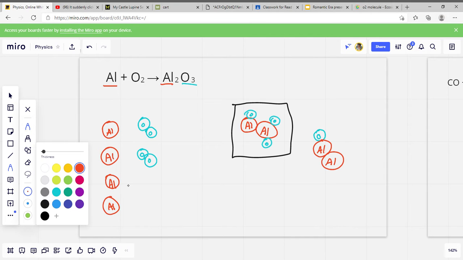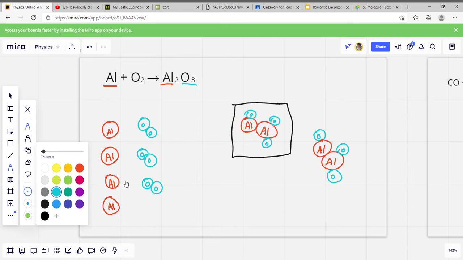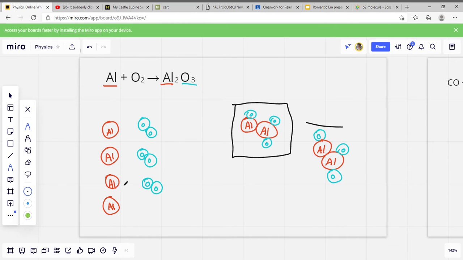And then we're going to have to add another O2. Gives us two more oxygens to join to this. And then it becomes a full molecule there with two aluminums and three oxygens.